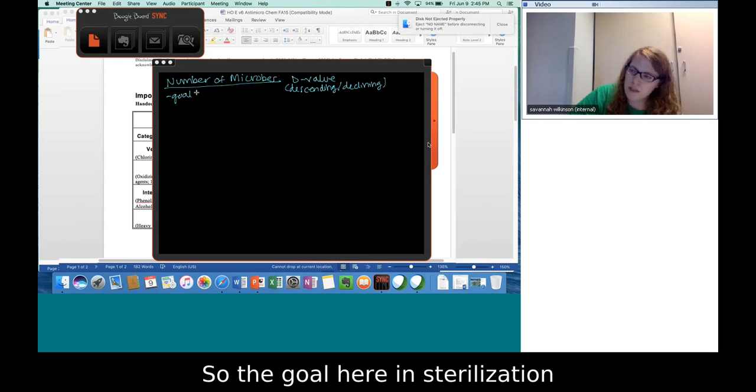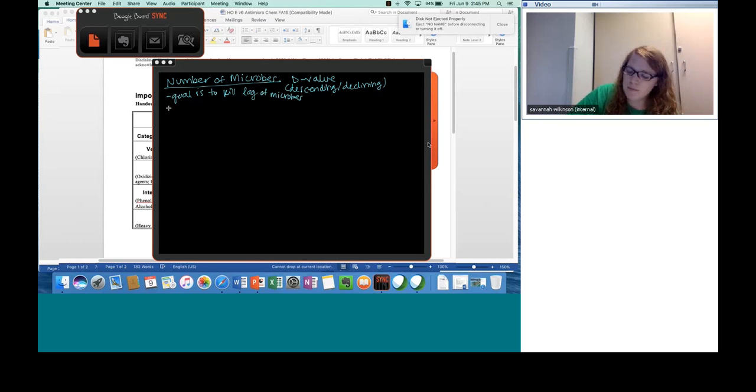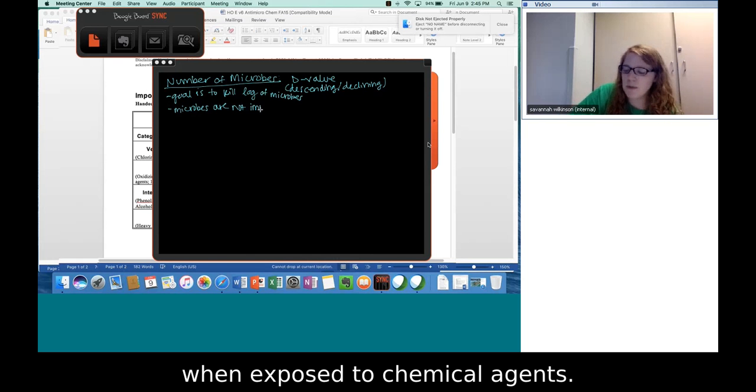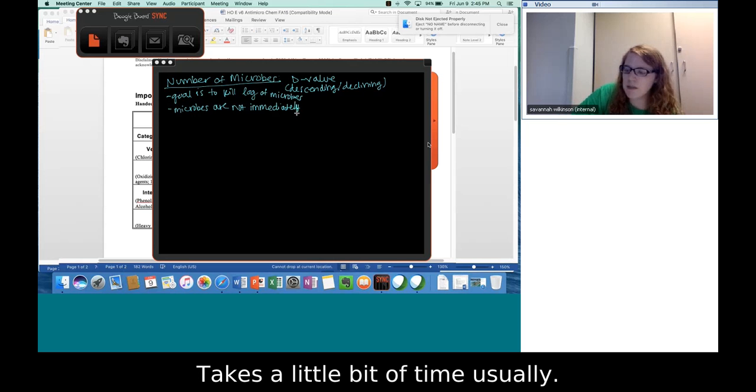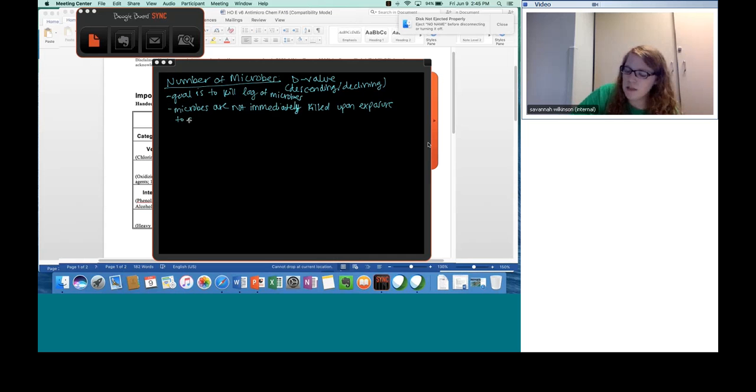So the goal here in sterilization is to kill microbes, right? Microbes are not immediately killed when exposed to chemical agents. It takes a little bit of time usually.